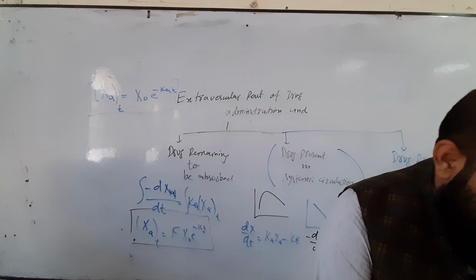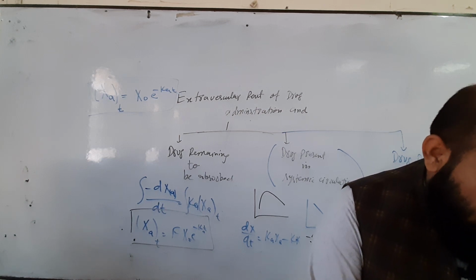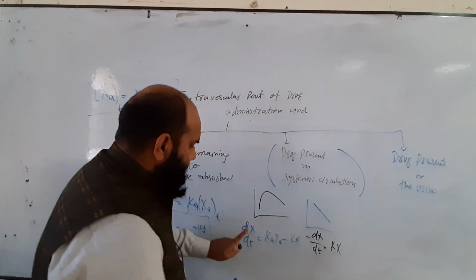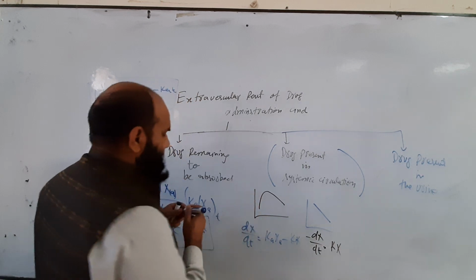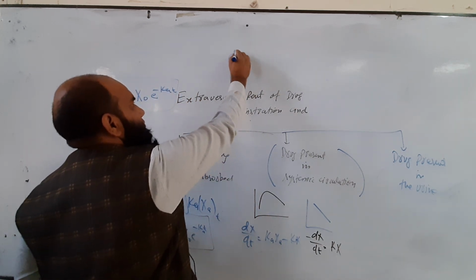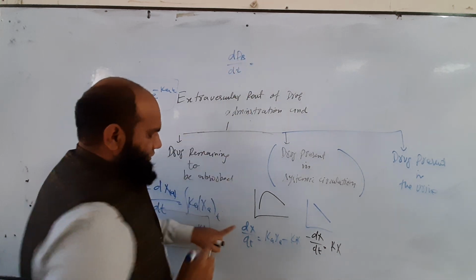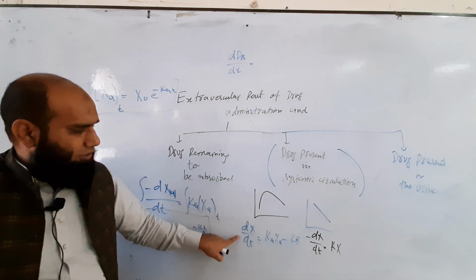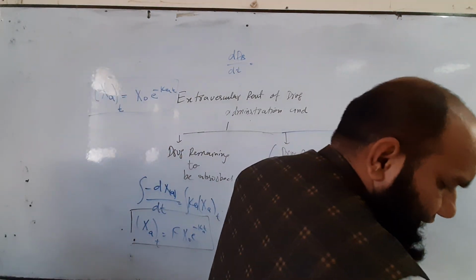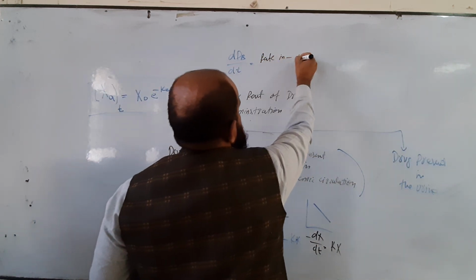If we see the same concepts in Leon Shargel, they have used the same equation: drug amount in blood divided by t is equal to rate in minus rate out.